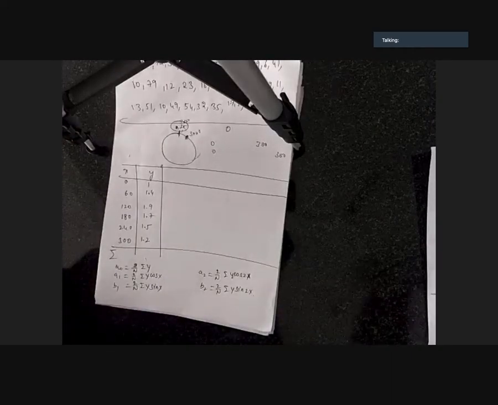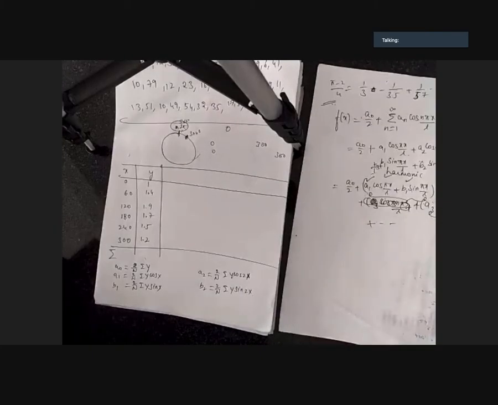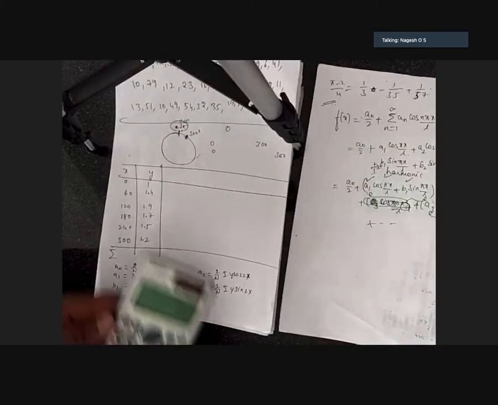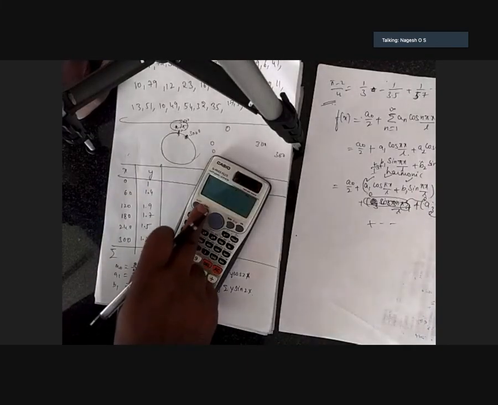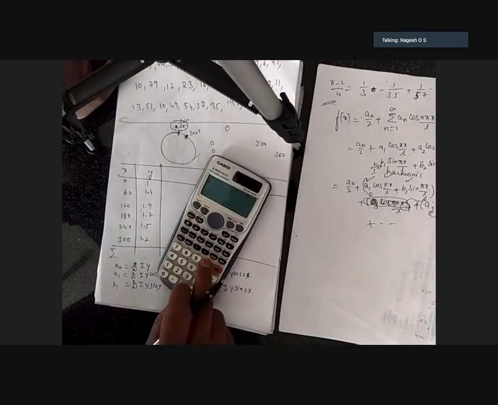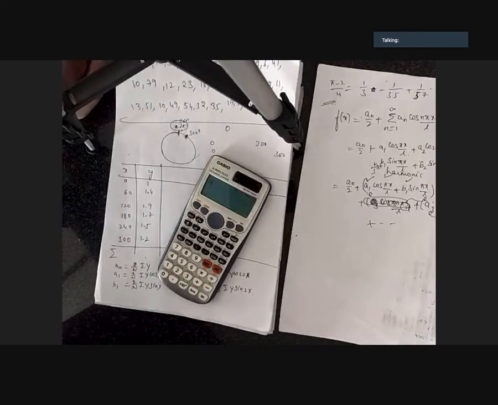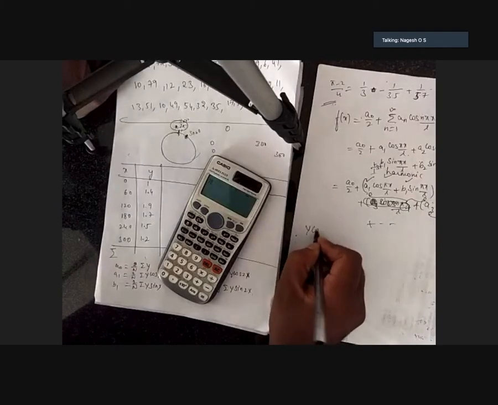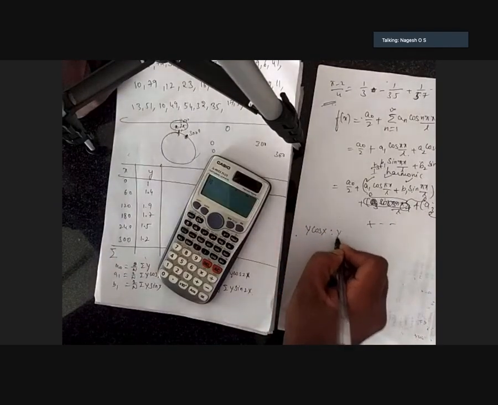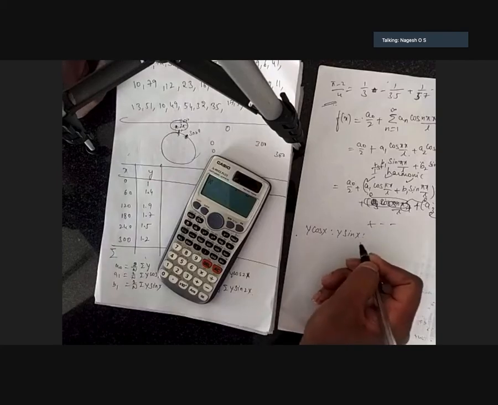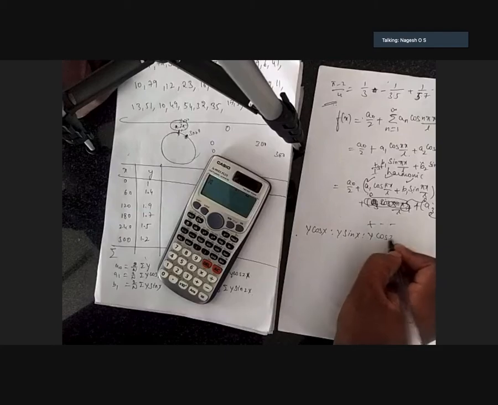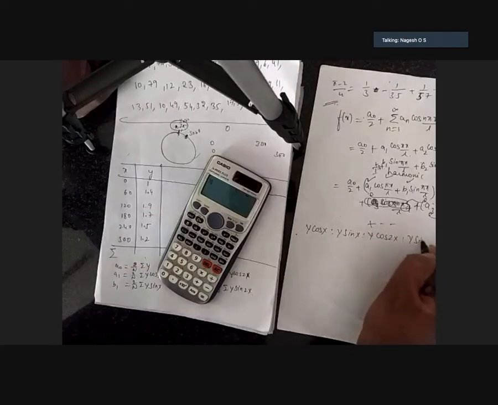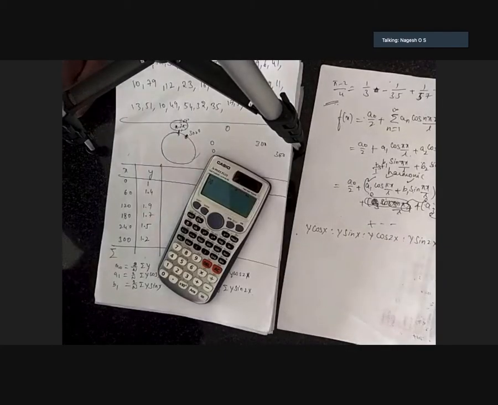So first thing, we have to press alpha, then x, or directly you can go for y cos x colon y sin x colon y cos 2x colon y sin 2x. Okay, give this in Calc.